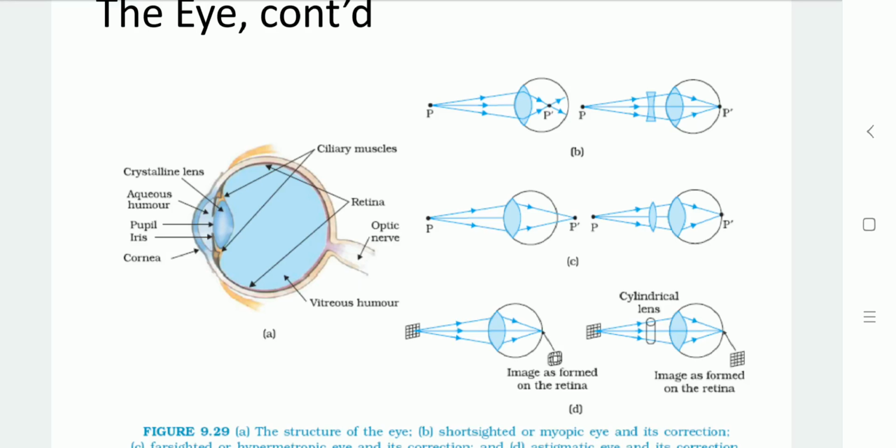Now if an elderly person tries to read a book from 25 centimeter distance, the image gets blurred. This condition is known as presbyopia. This is corrected by a converging lens for reading.